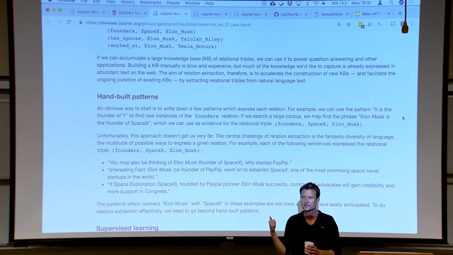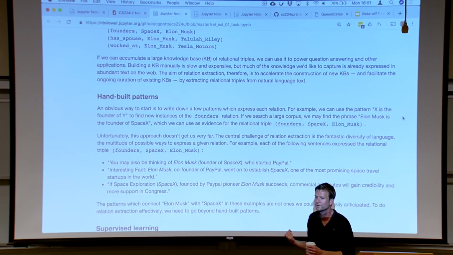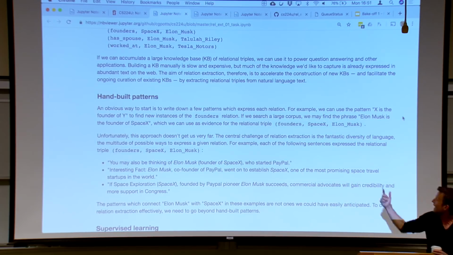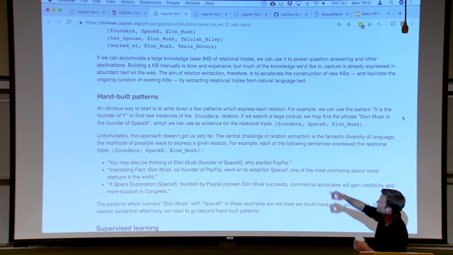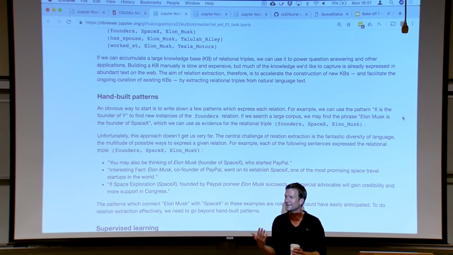So each of these sentences expresses the fact that Elon Musk is the founder of SpaceX. But none of these match the pattern that we proposed, X is the founder of Y, nor any other pattern that would be obvious at the outset, right?